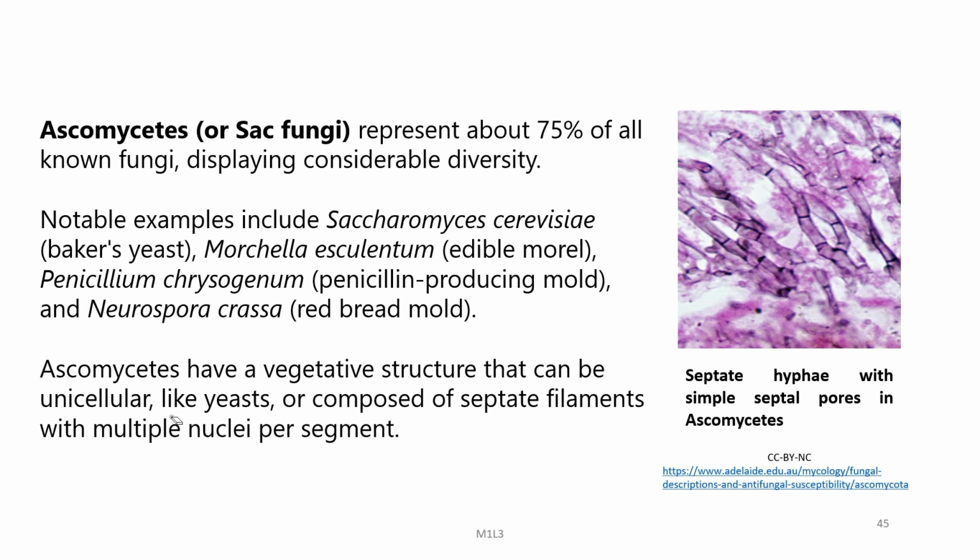Ascomycetes have a vegetative structure that can be unicellular like yeasts or composed of septate filaments with multiple nuclei per segment. So, here we see the example of a septate hyphae with simple septal pores in Ascomycetes.